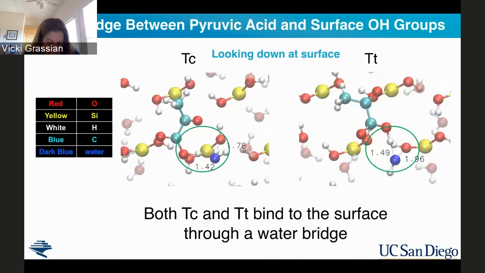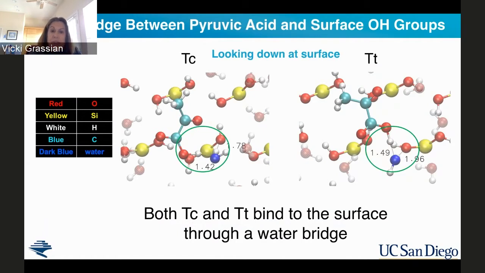We had our collaborators also look at this, and what I want to point out is that what we were able to determine through the calculations was, now we're looking down at the surface, and the pyruvic acid is really above everything else, and there's a water between the pyruvic acid and the silica.